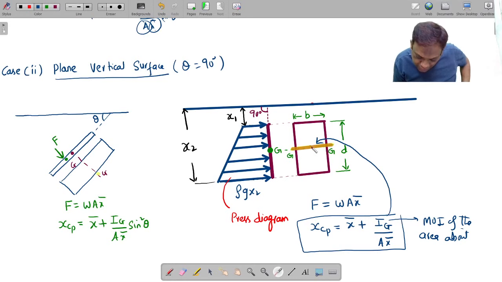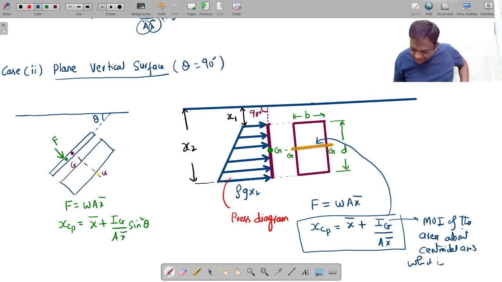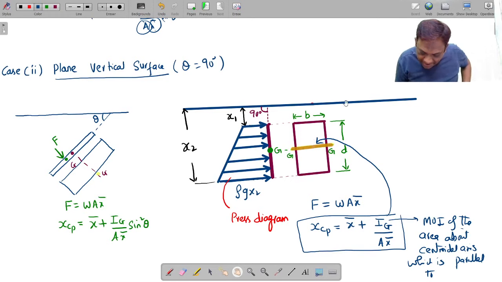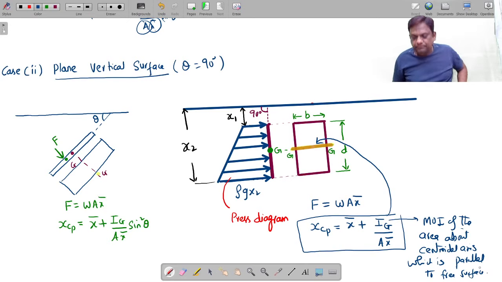So we are calculating about centroidal axis, which is, देखो, how is this line parallel to, this is the free surface, this one, ये दोनों क्या है parallel, which is parallel to free surface.